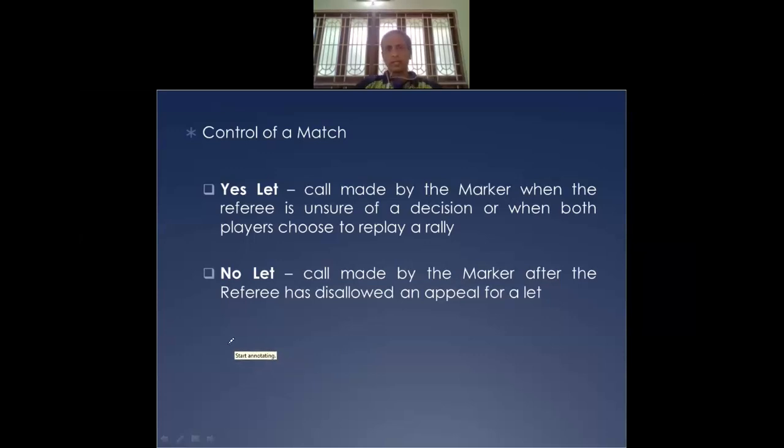And no let, call made by the marker after the referee has disallowed an appeal for a let. Yes let, no let, stroke, no let, yes let.